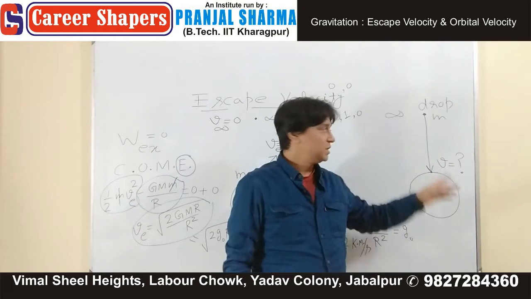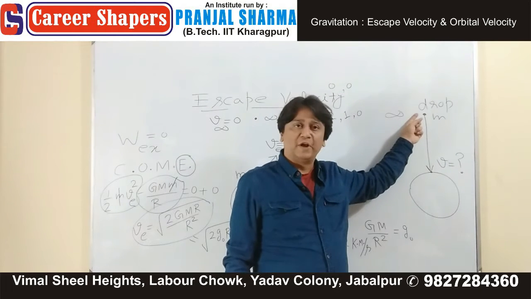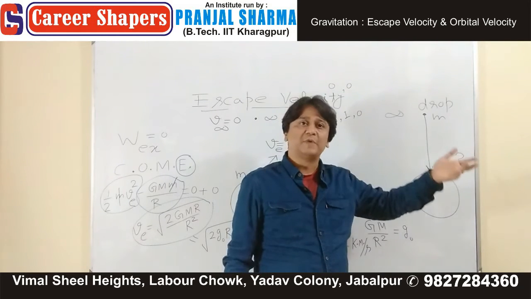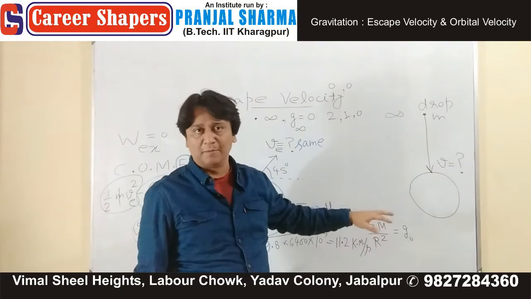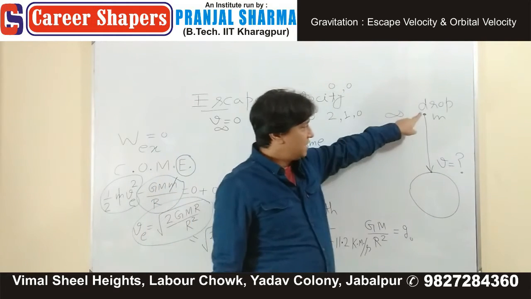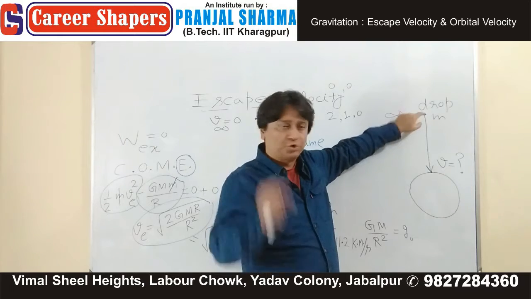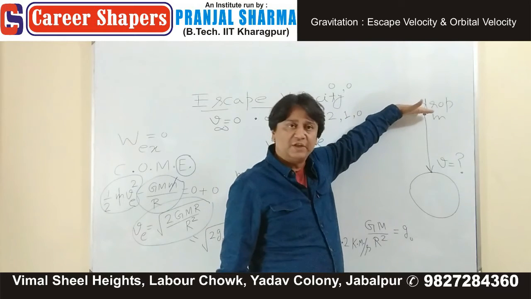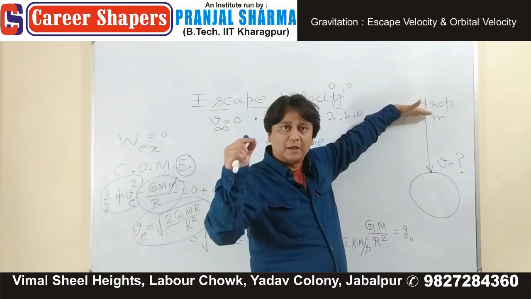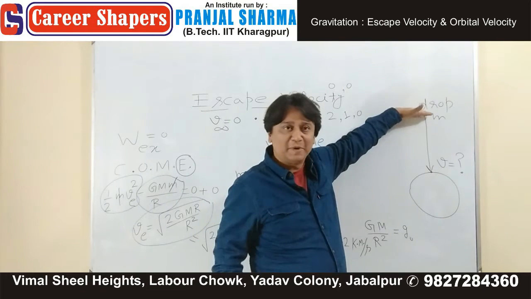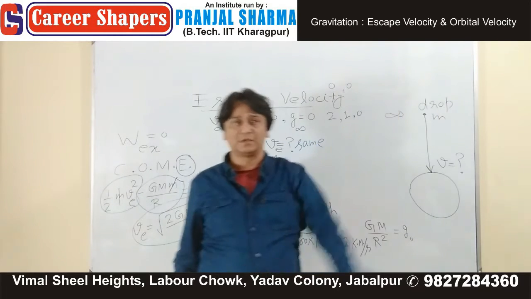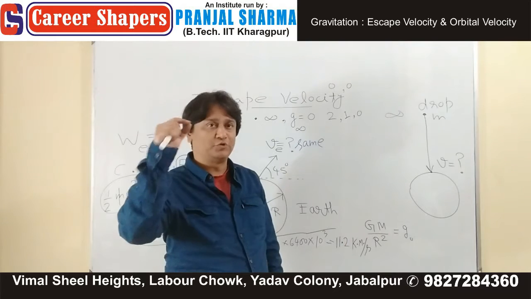Remember what the question is. Dropping the object from infinity, just don't assume that since g is 0 it will not come back. At infinity you gave it a slight push. Just at infinity g is 0, but 1 millimeter below, g is present.